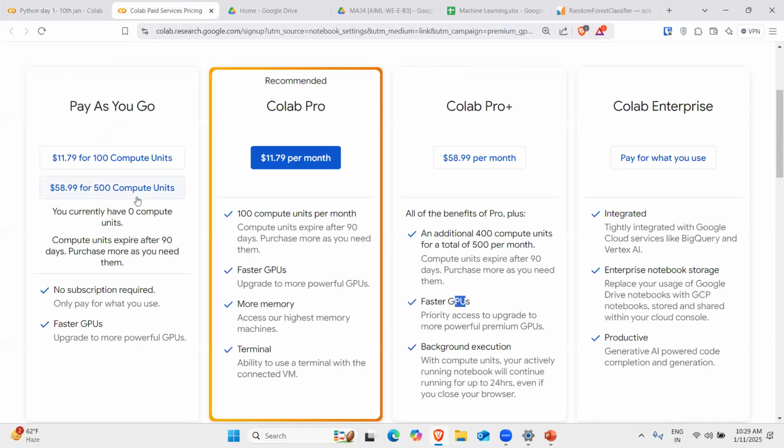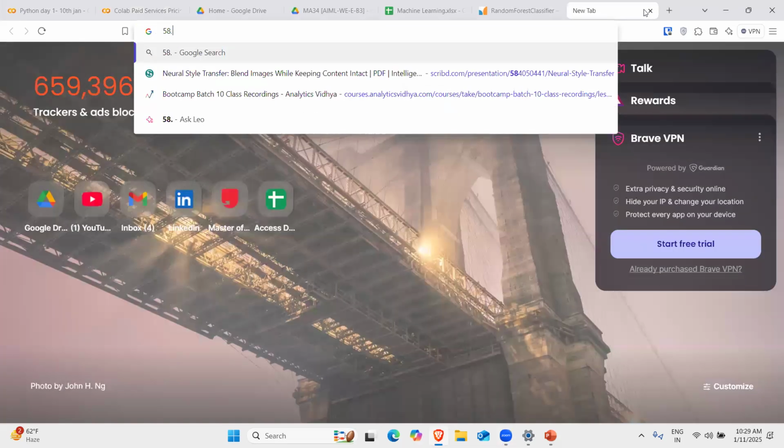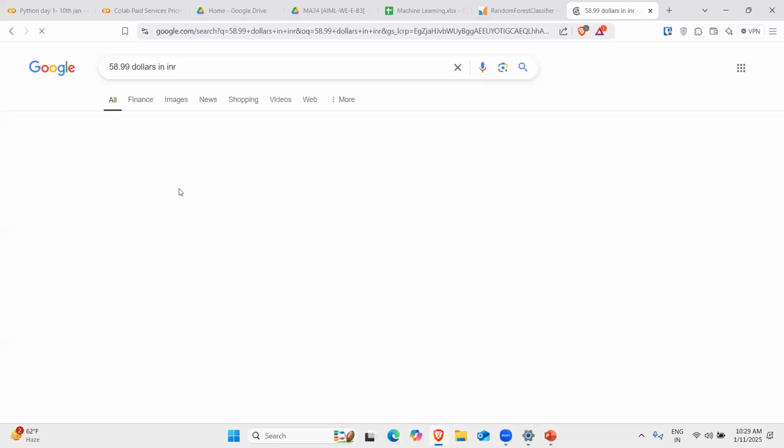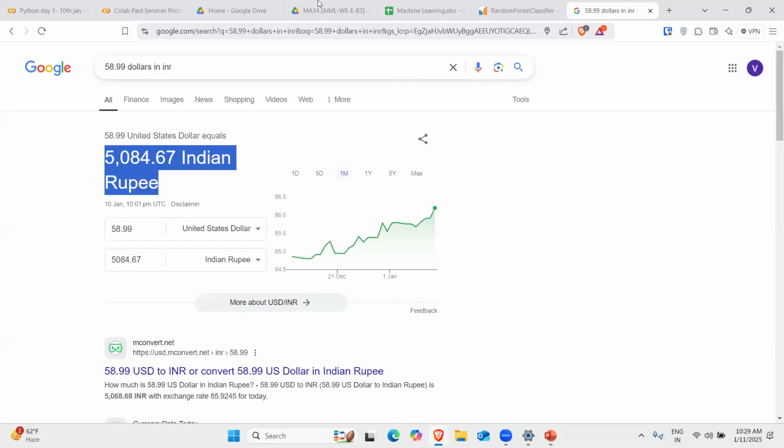Okay, so that's what we have. And depending upon the compute units that you're using, your price will vary, right? Anyways, if you are working in the industry, it's not that difficult to purchase. Not for you, for your organization, obviously. $58.99 in rupees is not that costly, right? It's 5,000 rupees per month, I think.